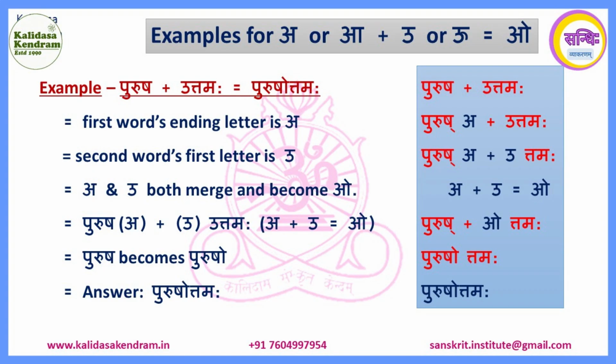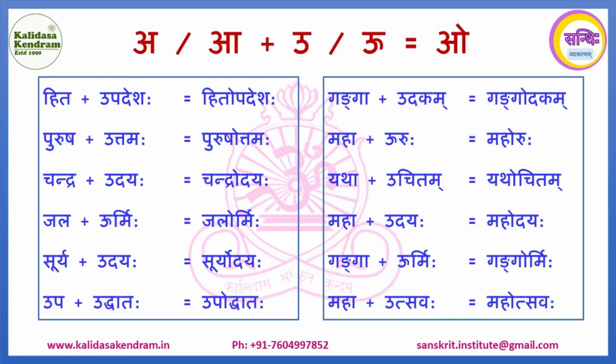Let's see the derivations given in the box. We move on to the examples. There are 12 examples given here, all to be formed as shown in the previous slide. Hita plus upadeshaha, hitopadeshaha. Purusha plus uttamaha, purushottamaha. Chandra plus udayaha, chandrodayaha. Jala plus urmihi, jalormihi.